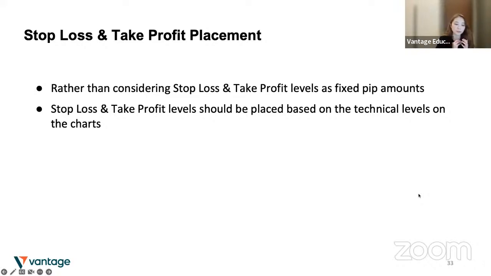Just basing it on pips might cause you to not look out for some technical or important price action levels. Those price action levels might allow you to have a better analysis and a better viewpoint of the entire trade.